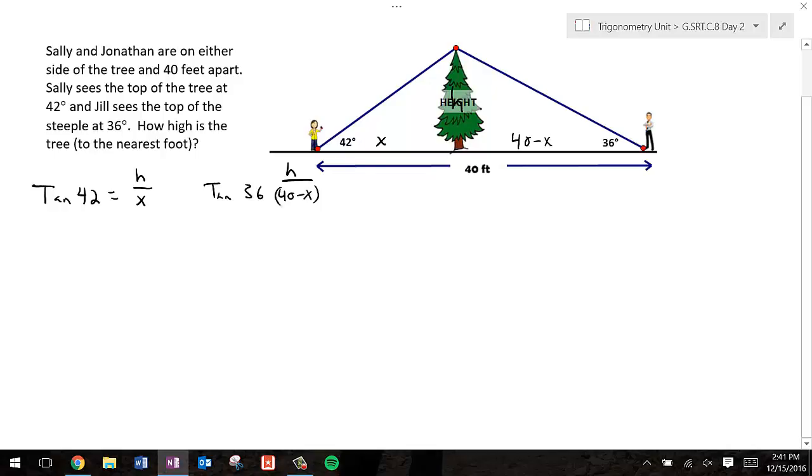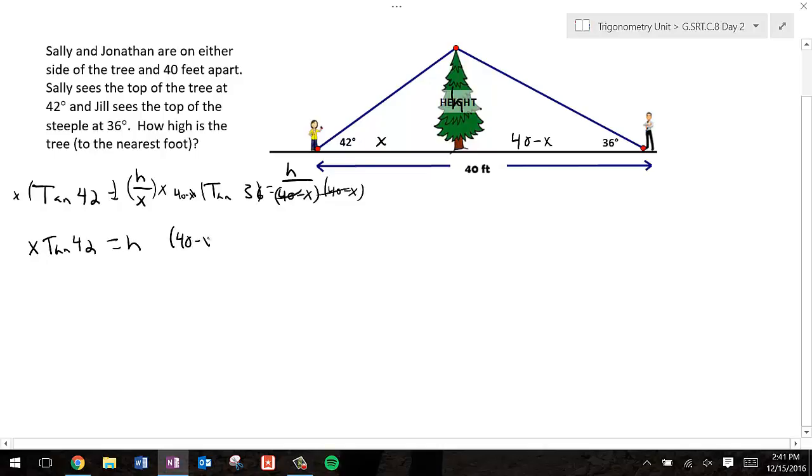Now, if you notice, if we multiply the denominator in both of these across, we end up with h being on each side. So I end up with x times tangent of 42 equals h, and I end up with, parenthesis, the quantity 40 minus x, times tangent of 36 equals h.